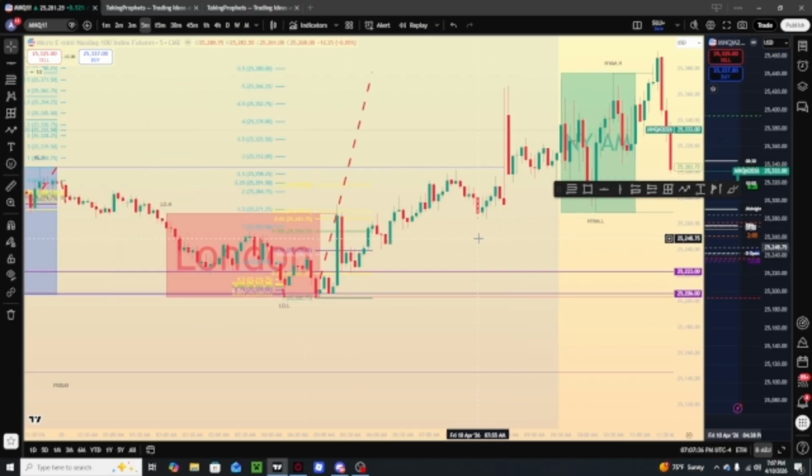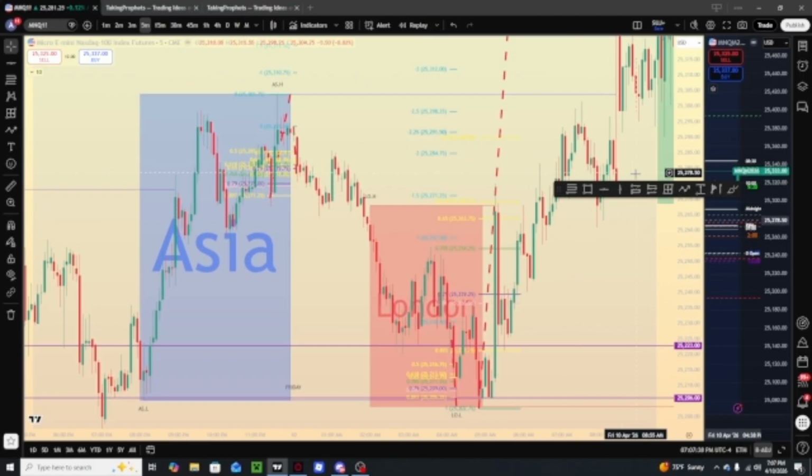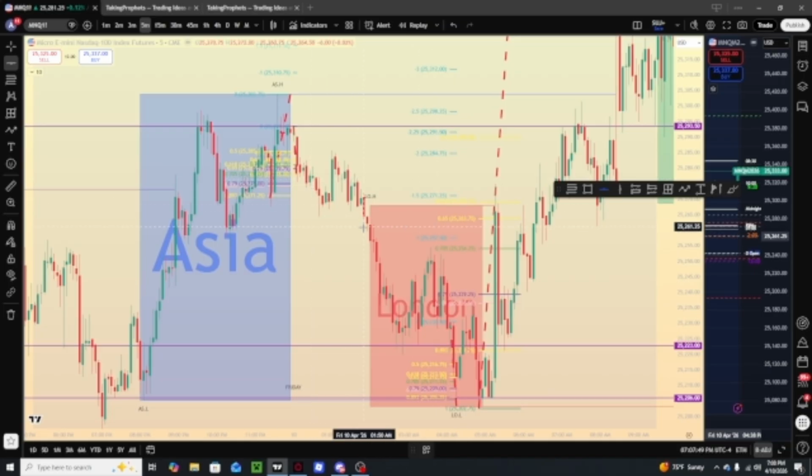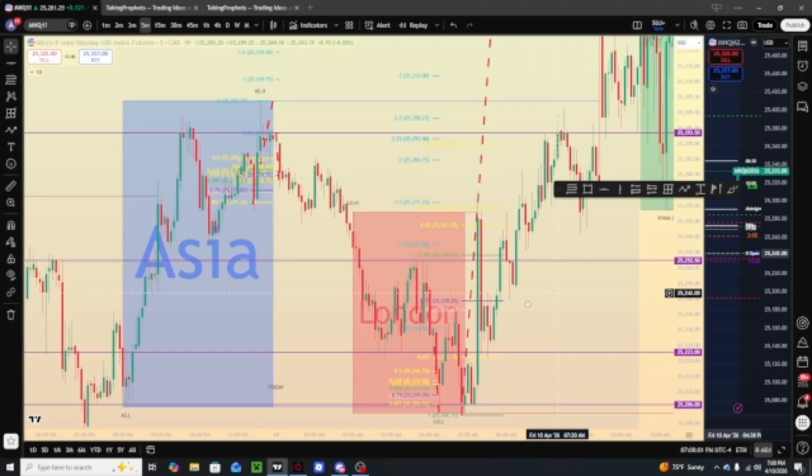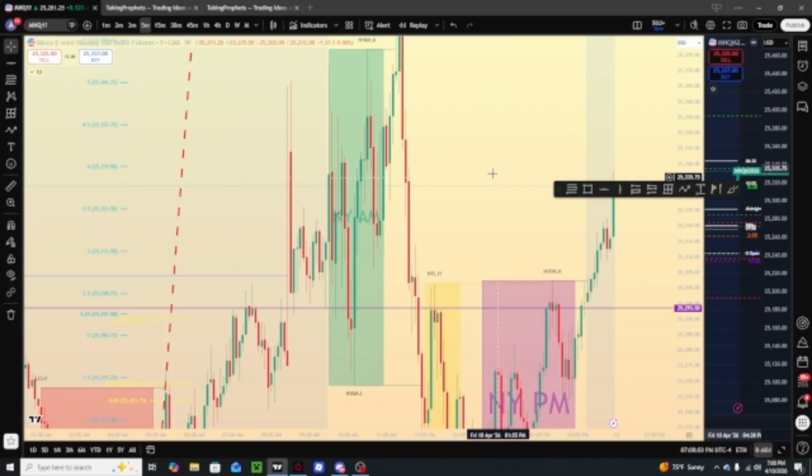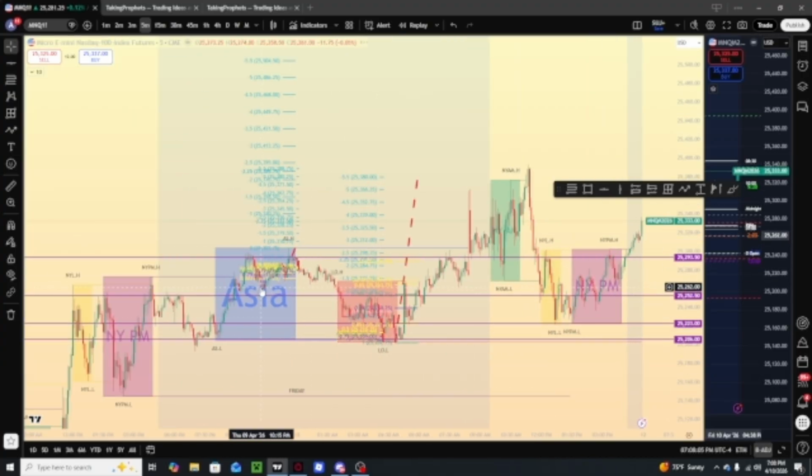However, in this context, because we are above our daily open, which is at 2, and our 6 o'clock, you will only be looking for shorts, because this is our premium and discount.